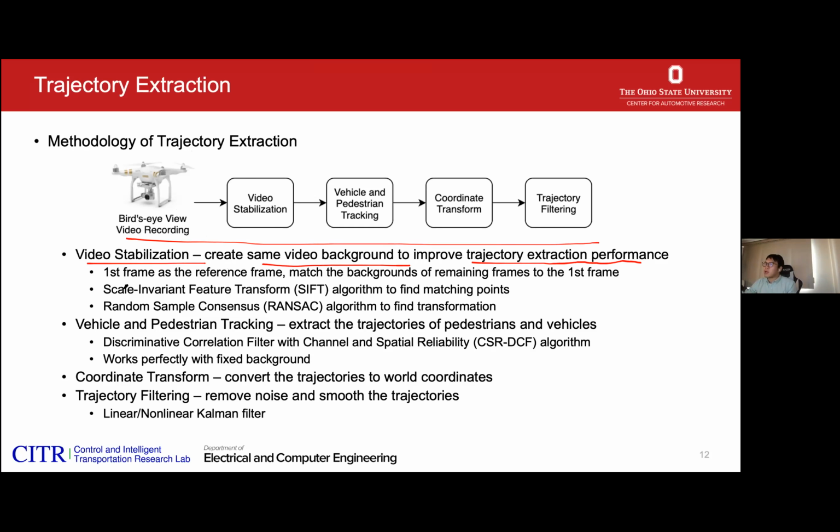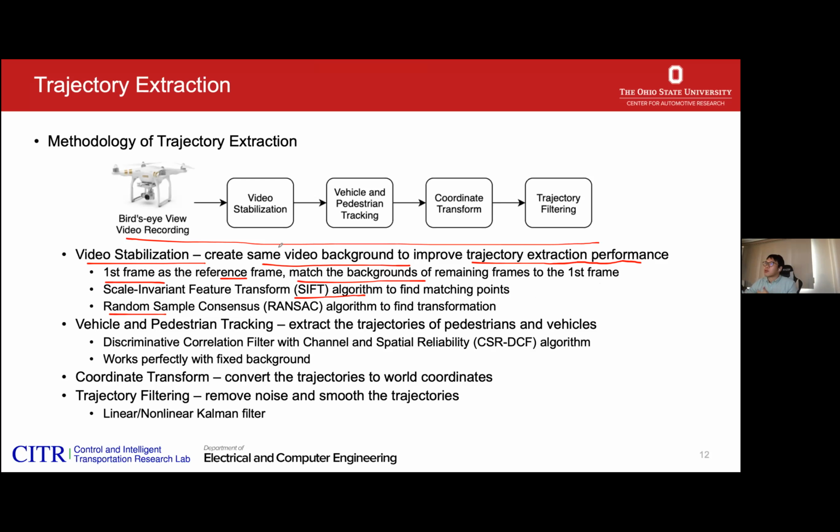This is done by using the first frame as a reference frame, and then for the following frames, we match the backgrounds to that of the first frame. To achieve this, we use the SIFT algorithm to find the matching points between the first reference frame and the other frame, and then we use random sample consensus to find the transformation.